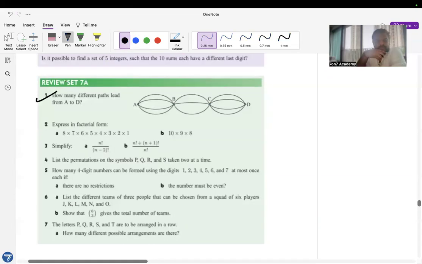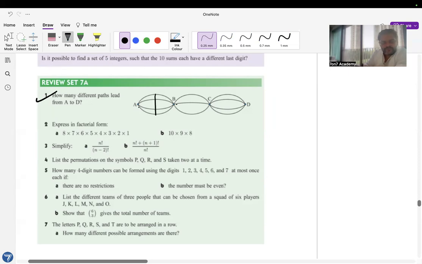So Priti, this is what, how many different paths A to D? Tell me. So 4. No, beta, start from here, which way will you go?